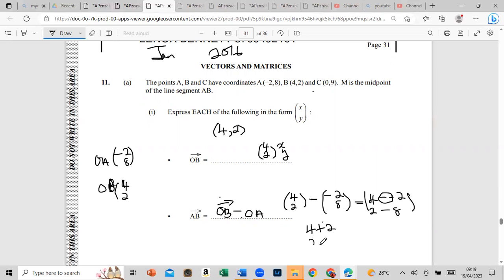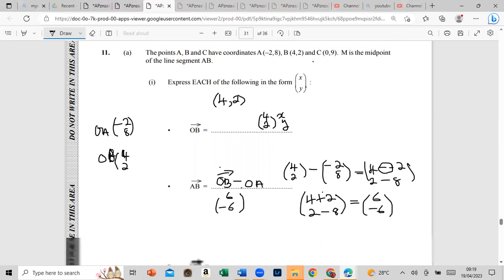And then 2 minus 8. So our final answer would be 2, and 2 minus 8, that's negative 6. So the vector AB would be 2, negative 6. Very similar to the one that we did earlier, but it's different.